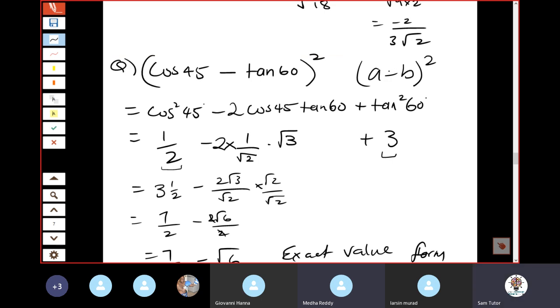It's not, it's a perfect square. So this squared: A squared minus 2AB plus B squared. So that's exactly what I've done. First one squared minus 2 times AB plus B squared. Okay.